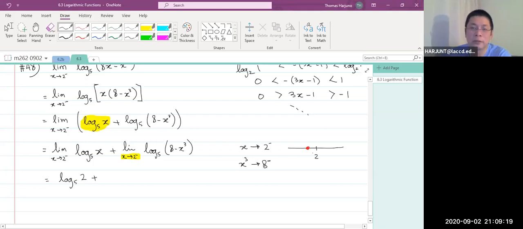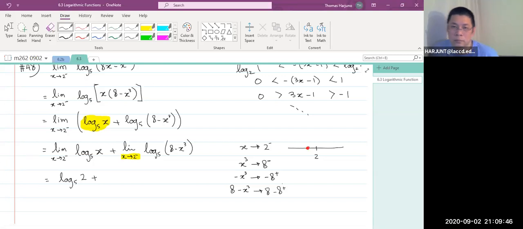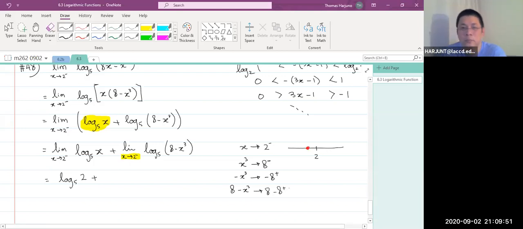Now, what happens if I put negative x cubed? Then it will be going to negative 8 from the right hand side because you reflect that, right? And then you add 8. But this is 0 positive.